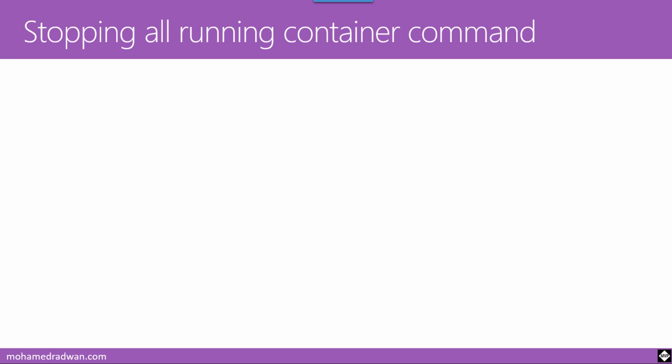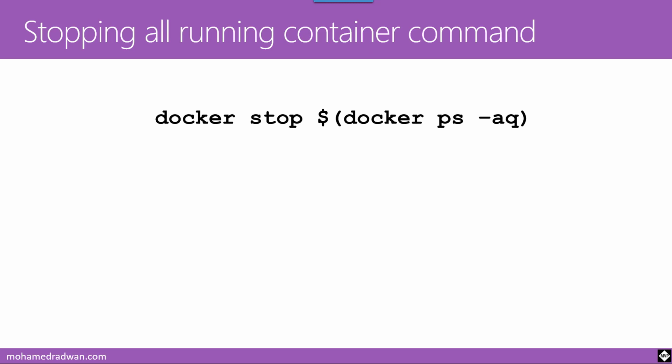So let's look at the stopping running containers command. If I say docker stop with a $ sign, which means stop the coming variable, and this variable will be like an array, which will include docker ps -aq, an array that includes all the IDs of the running containers.